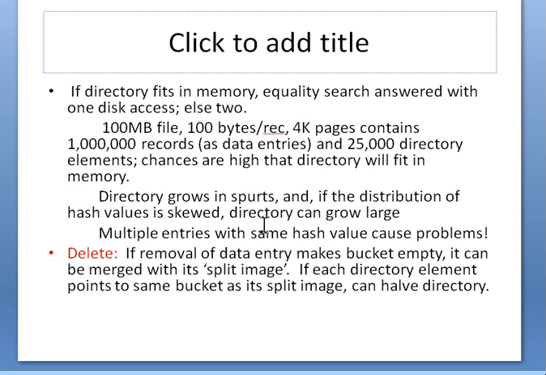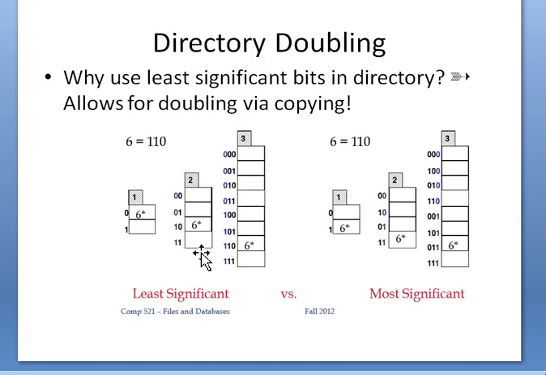If the distribution is skewed, then the directory will grow large. Multiple entries with the same hash value will cause problems. If all the data is going into hash value 10, then I will keep on doubling this directory to accommodate this hash value, the last 2 bits 10.